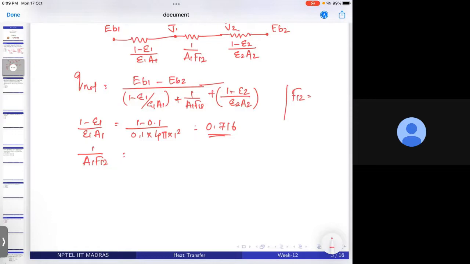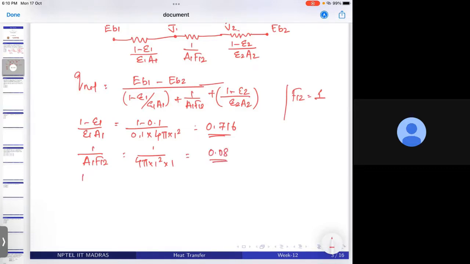None of it reaches back directly to the spherical surface, because of the geometry of the sphere. So this is one. That is 1 by 4 pi into 1 square into 1, which is equal to 0.08.